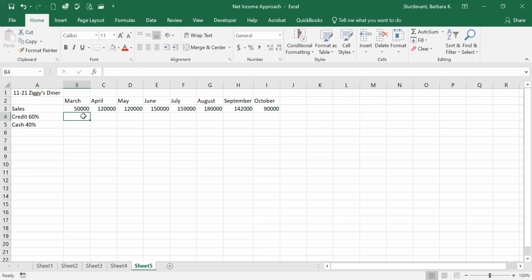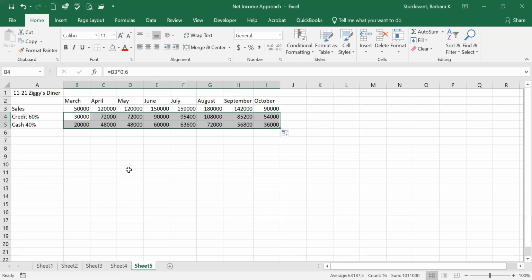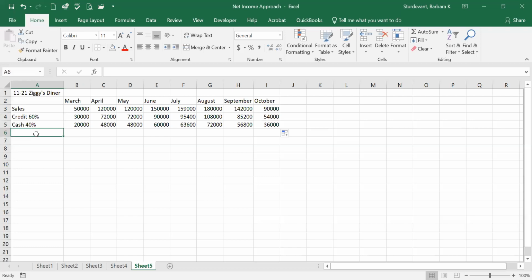I'm going to go into each month. I'm going to take this, I'm going to multiply by 60%. I'm going to take this, and I'm going to multiply by 40%. So that's divvying them up, and I'm just copying that across. This is where Excel, if you use Excel with your formulas, it is a blessing in disguise.